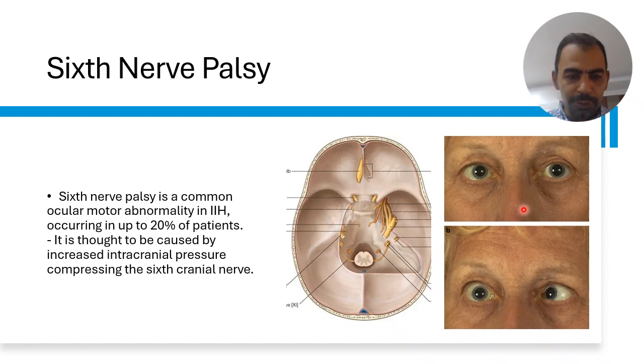It's thought to be a false localizing sign. This is the only localizing sign that may be present in patients with IIH. We talked about that earlier in the lecture. It's thought that the nerve becomes compressed with the raised pressure over the apex of the petrous temporal bone. So it's considered a false and not a true localizing sign.